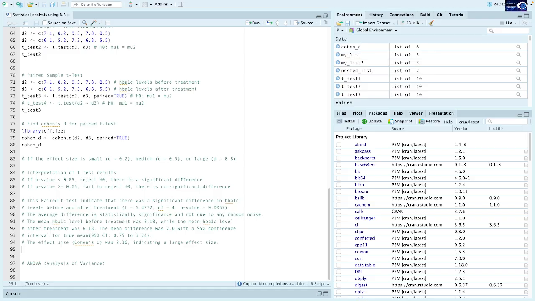Now I can create a contingency table. I'm creating a contingency table for this one, just assigning it: table of gender and smoker. So I'll be getting the contingency table as this, and we will be testing the chi-square for independence here.